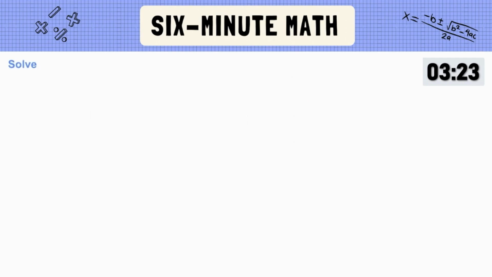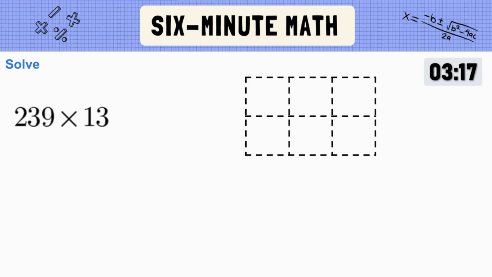Let's look at another example where we will multiply a 3-digit number by a 2-digit number. 239 times 13. Again, I have my place values chart. Start on my lower ones digit. 3 times 9 is 27.